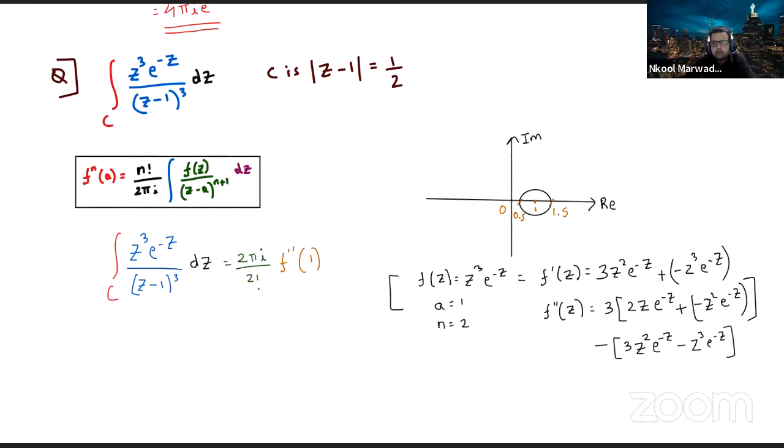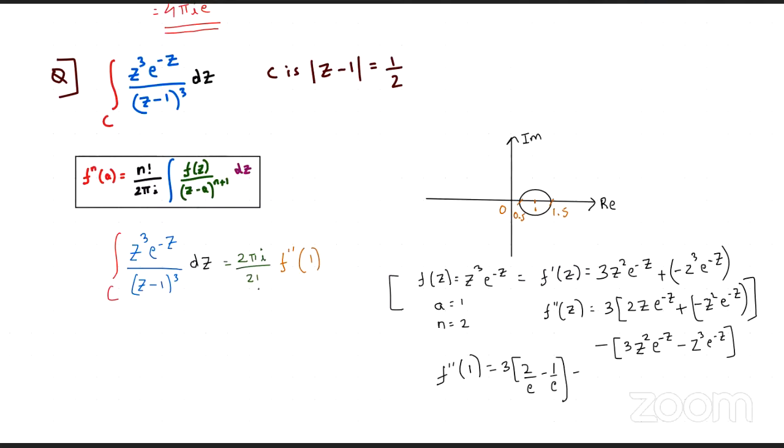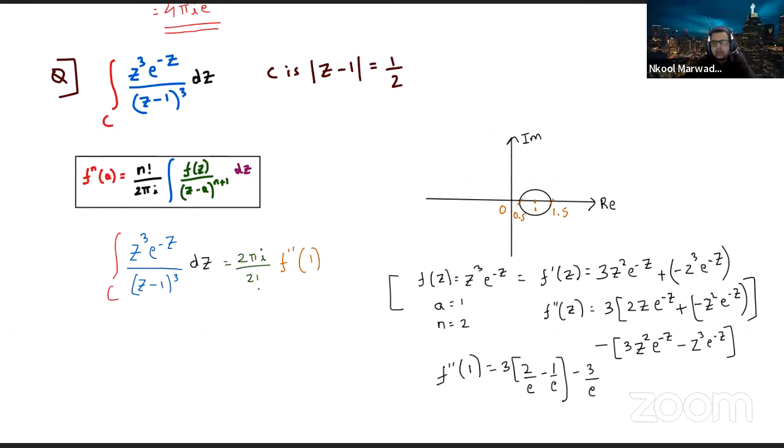Now to keep that thing simple, f double dash, 2 e to the power of minus 1, so 2 by e, plus or minus, minus once again 1 by e, minus 3 by e. How will the e come upon? It is multiplication, no, I am substituting z is equal to 1.